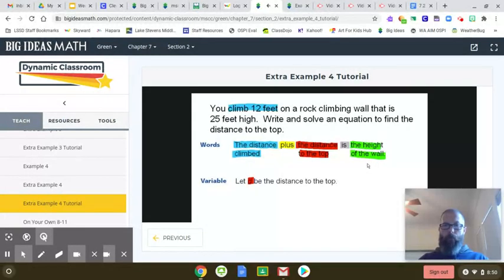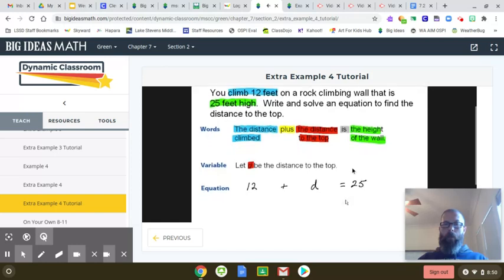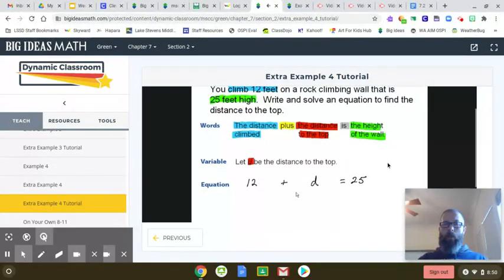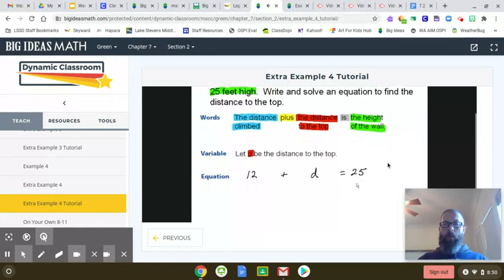It says that the rock climbing wall is 25 feet high. Now that we know the information in the word sentence, we can write an equation. The distance climbed, which is 12 feet, plus the distance to the top, which is our variable D, equals the height of the wall, which is 25 feet. So, an equation to find the distance to the top is 12 plus D equals 25.